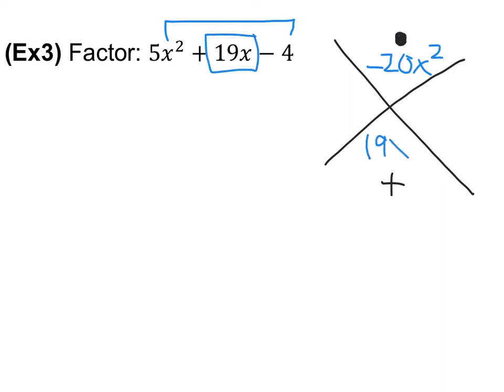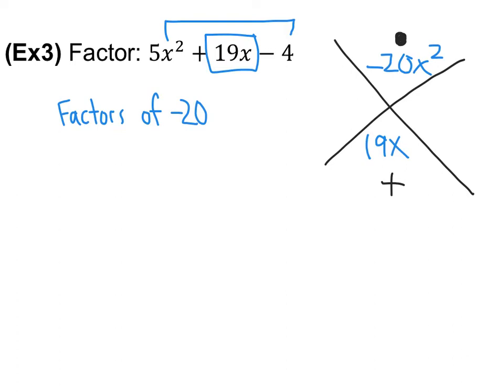What we are now looking for are 2 numbers that multiply to get negative 20 and add to get 19. So we want multiply to get a negative and add to get a positive.